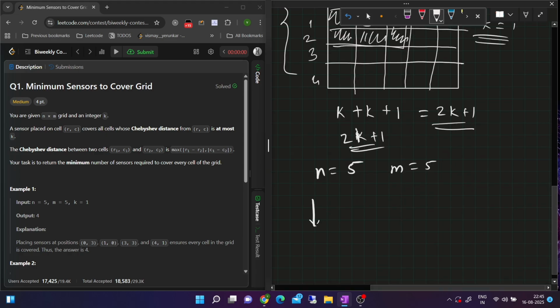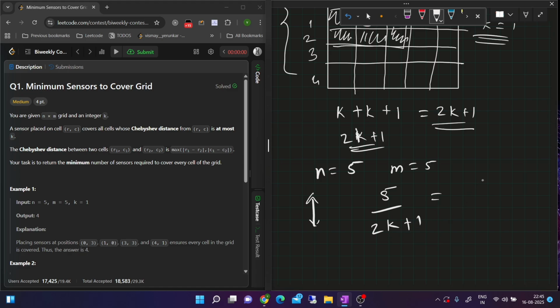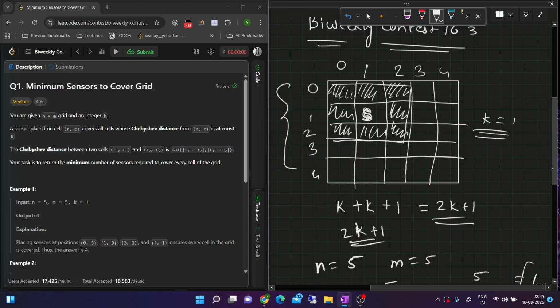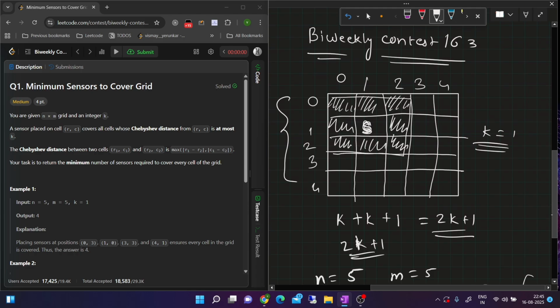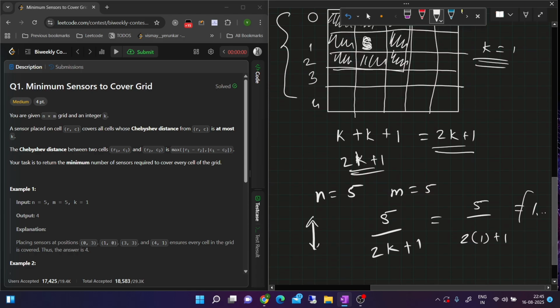For the vertical direction, it would be 5 divided by 2k plus 1, and the k value here is 1, so it would be 5 divided by 2 into 1 plus 1, which would be 5 divided by 3. It would be simply 1 point something, and we will take the ceil of this value. Since it would be somewhere around 1.7, it would be 2.